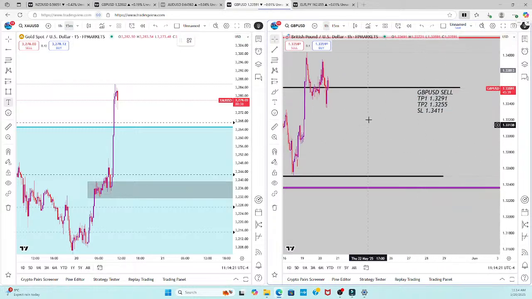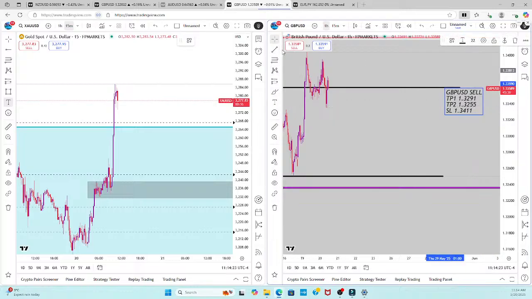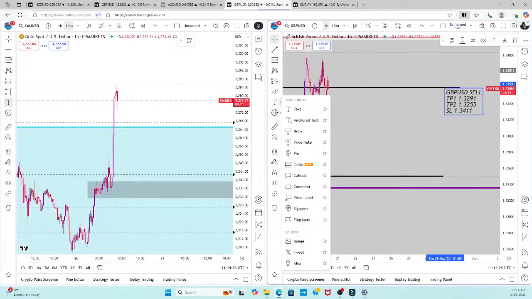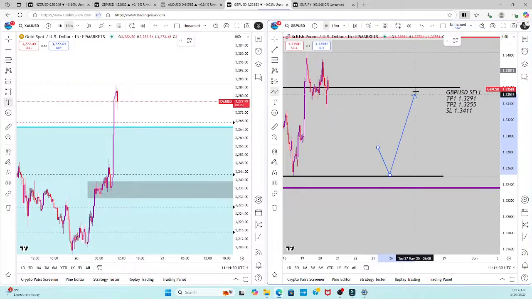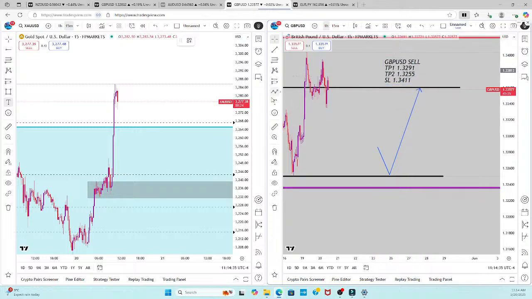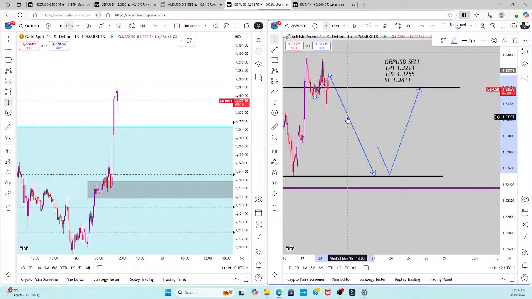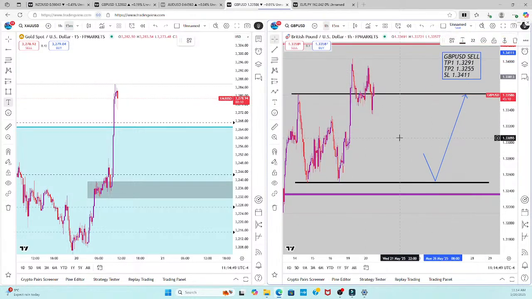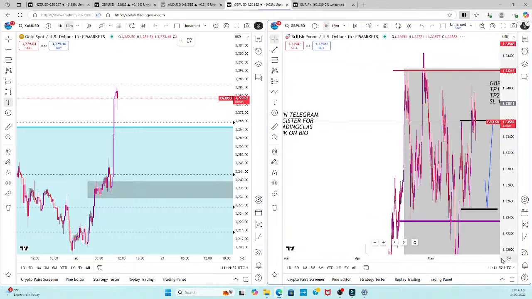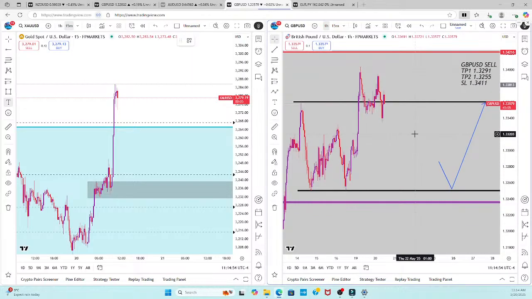I do expect the price to go long when it comes back to that level. From here we're going back to this point here, but for now we're coming back down to this point. So these are the two things that I'm expecting for GBPUSD within today. Basically that's it for GBPUSD.